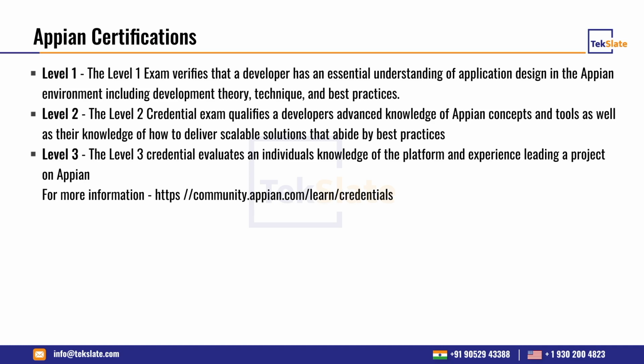Level 3 evaluates whether you are capable of becoming an Appian architect, where you need 12 months of Appian project leading experience along with level 2 certification. So this is the level-wise certification Appian provides, level 3 being the highest and level 1 being the beginner level certification. For more information, the link is provided where you can get more idea about how and when to clear these levels along with their prices as well.